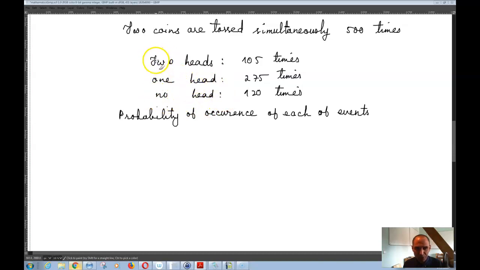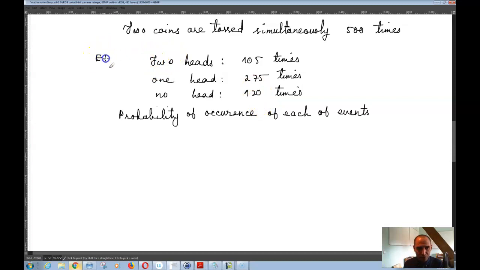Let me be consistent with the book. So now we can denote the events of getting 2 heads, 1 head, and no head by E1, E2, and E3.